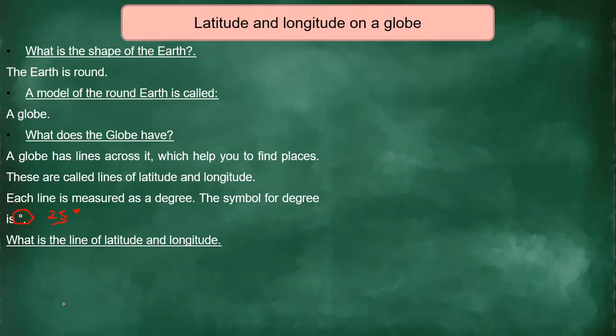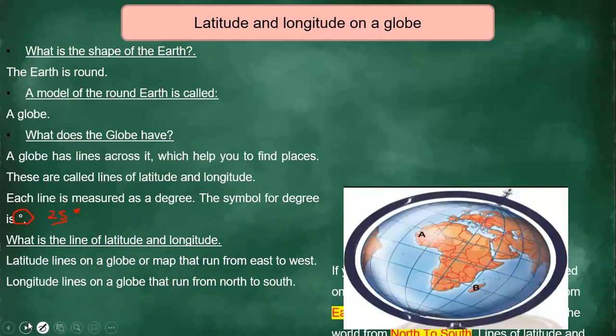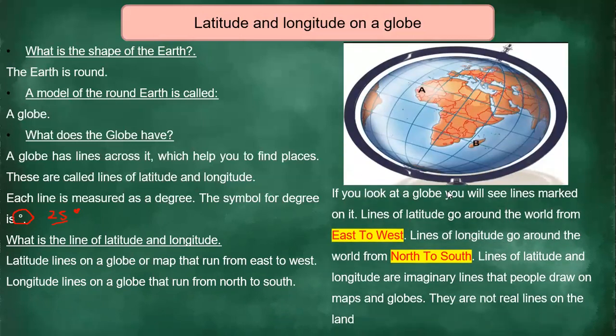Okay, so the latitude lines on a globe or map run from west to east, okay? And then the longitude lines on a globe run from north to south, okay? And then here, as you can see, we have the globe and it has lines that cross it.